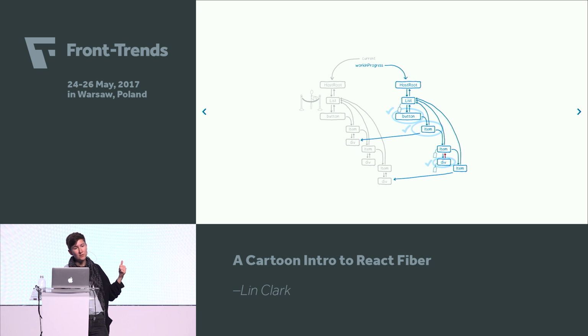I mentioned that the div was added to the item's list of changes, and this is the first time that we've added something to a list of changes. It was added because it has the marker that there's a change that's needed in the DOM, and also we completed it as a unit of work. Now we've called complete on the item, and the item has also been tagged as needing a change in the DOM. So the item will add itself to the parent's list of changes.